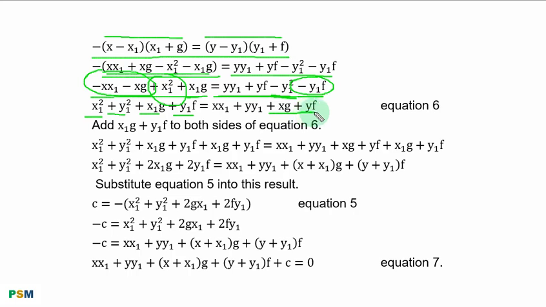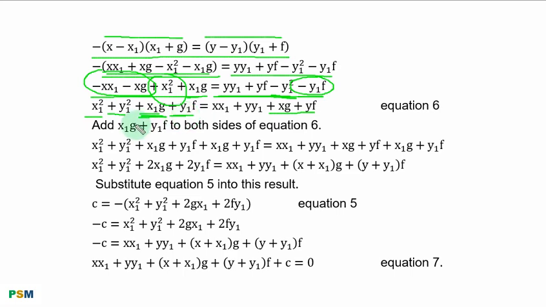In the general equation of the circle, here is always 2gs. So now we are supposed to have 2gs1 or 2s1g. Here will be 2y1f.